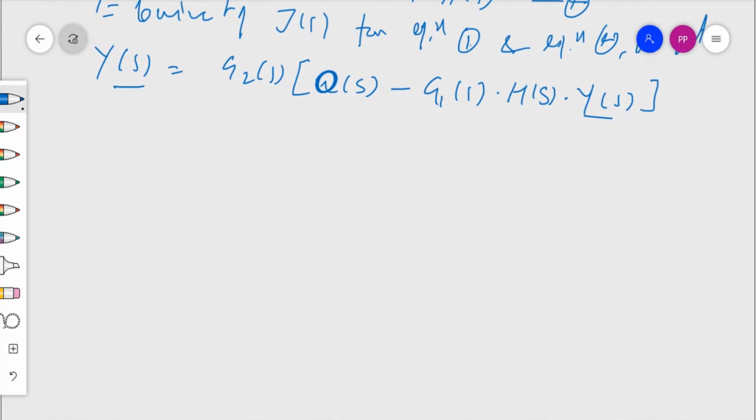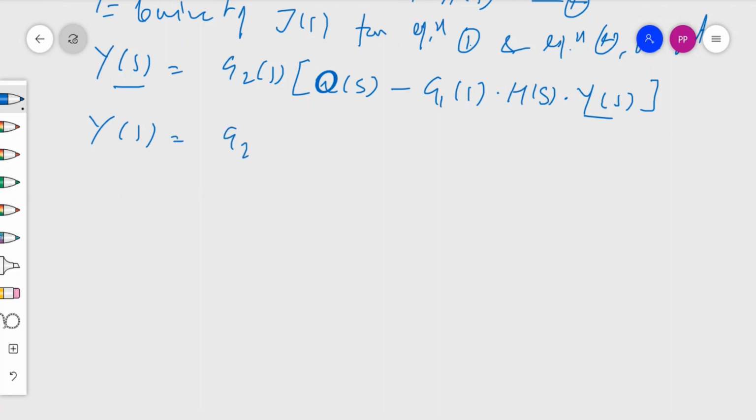So let us combine the coefficients of Ys together. So this is 1 plus G1s Hs. Sorry, this should be, because so we simplify it first, then it will be easy.